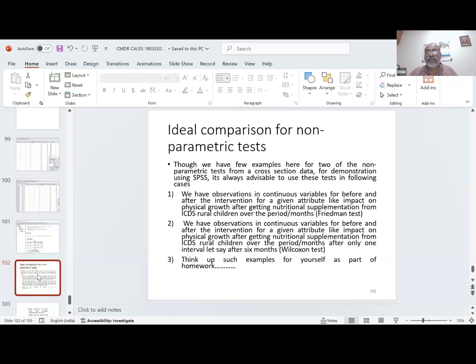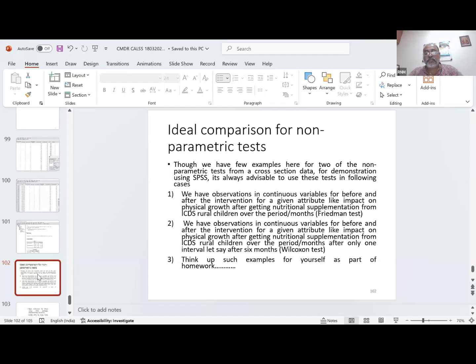And in the same case, if you are looking at a given attribute, like impact on physical growth after getting nutrition supplements from ICDS after certain months, then the Wilcoxon test is also useful.